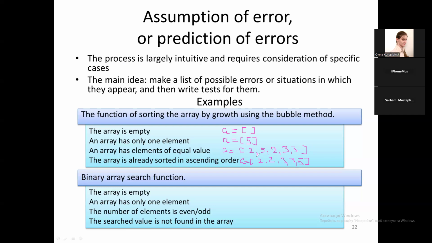The second specification is for a function that performs a binary array search. I remember that in this search method, we have an array with some elements. We choose the middle element, and if our number is greater than that middle element, we go to the right side.